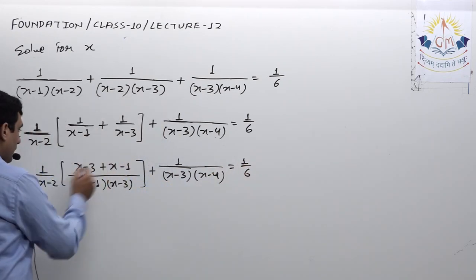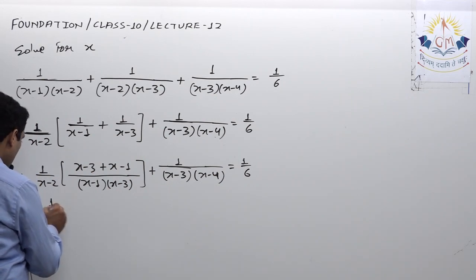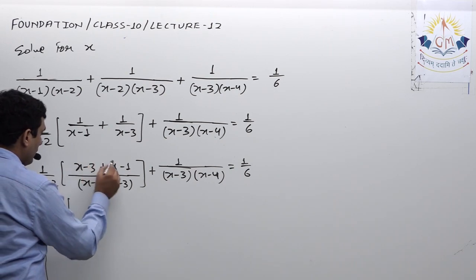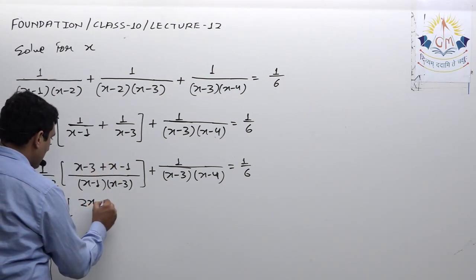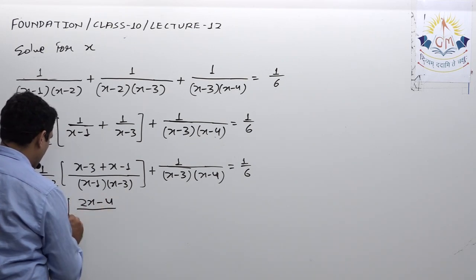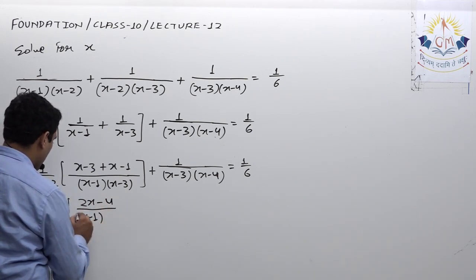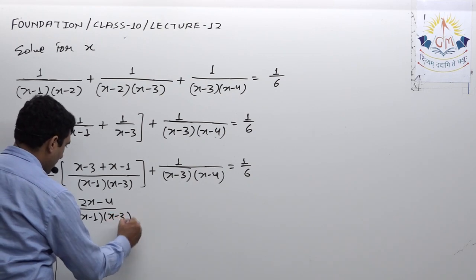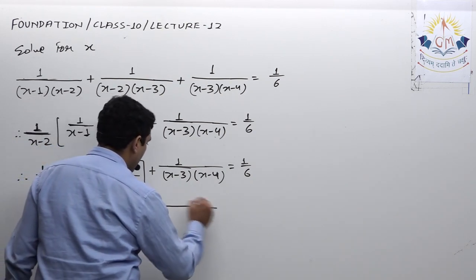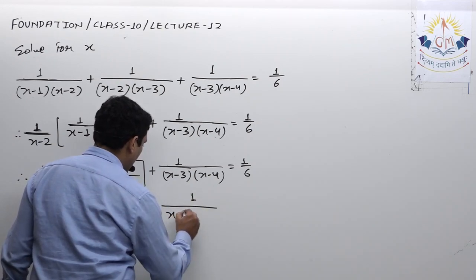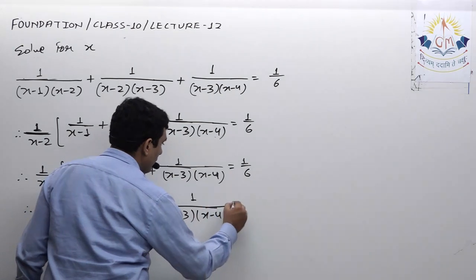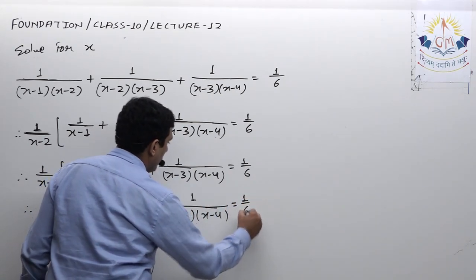Now solving, it is 1 upon x minus 2, this is x plus x, 2x minus 4. The denominator remains (x minus 1)(x minus 3), and this term remains as it is.